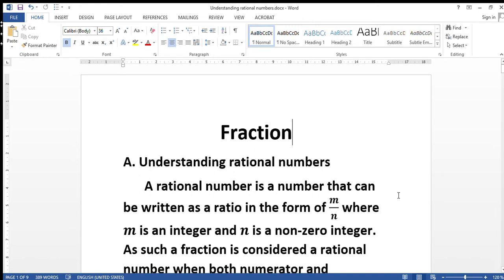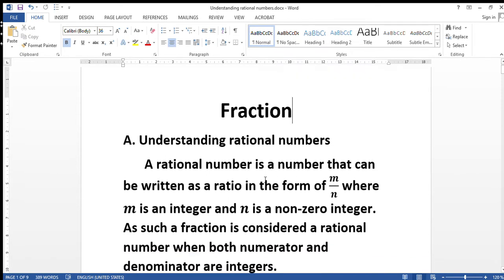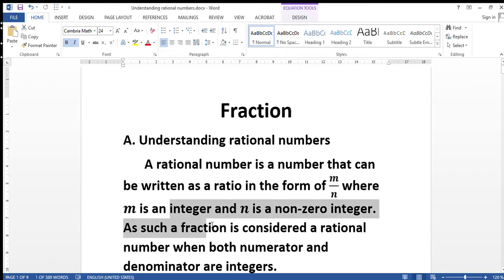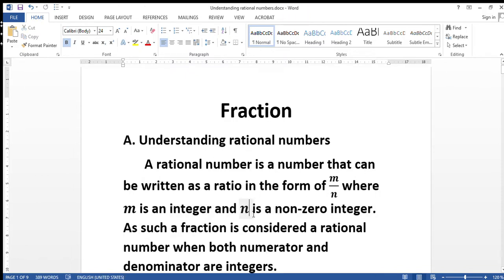Alright, so let's go back to fractions. First, we have understanding rational numbers. A rational number is a number that can be written as a ratio in the form of m over n, where m is an integer and n is a non-zero integer.